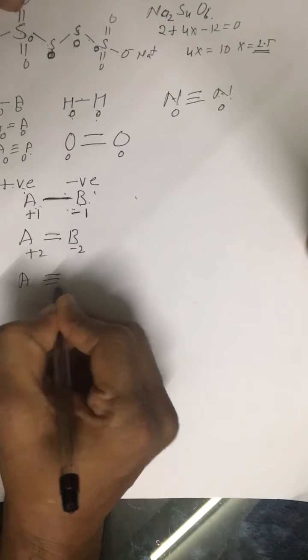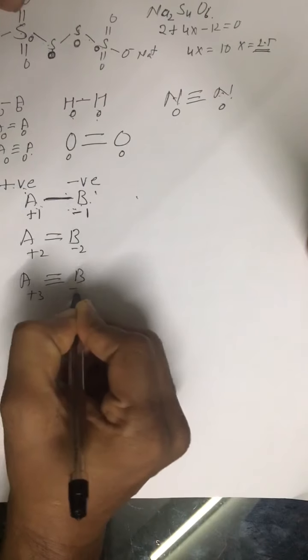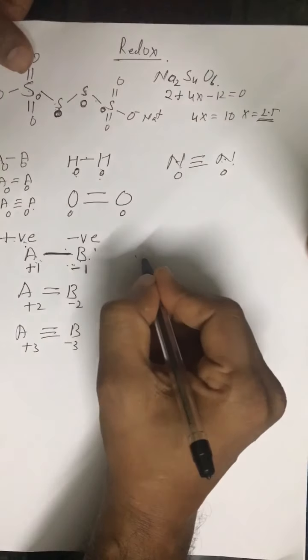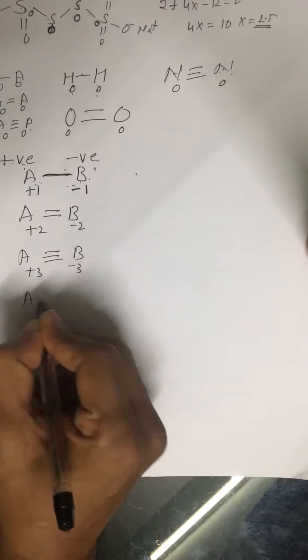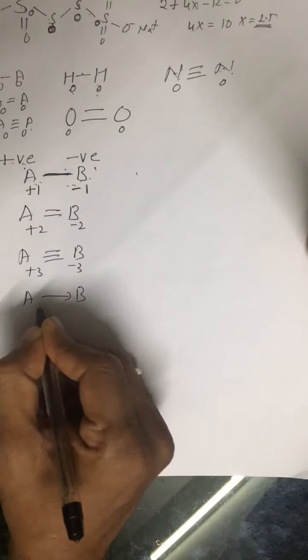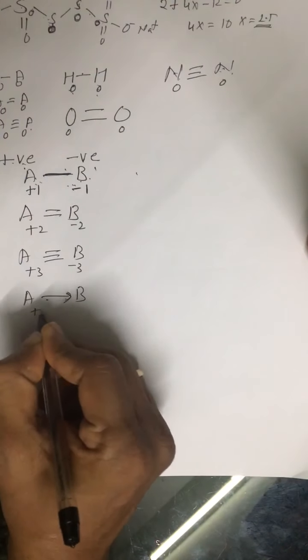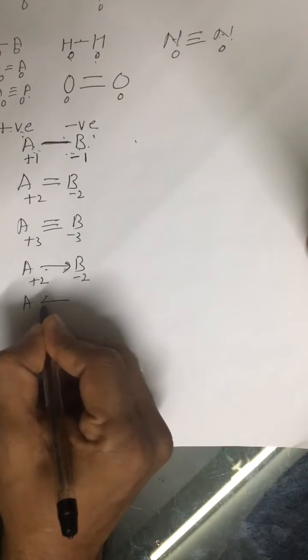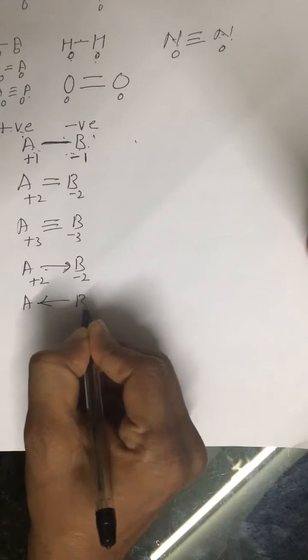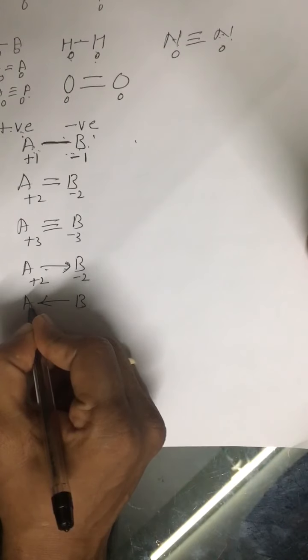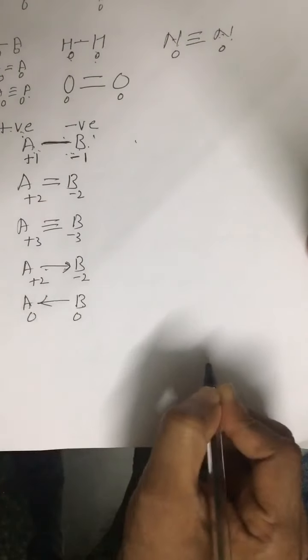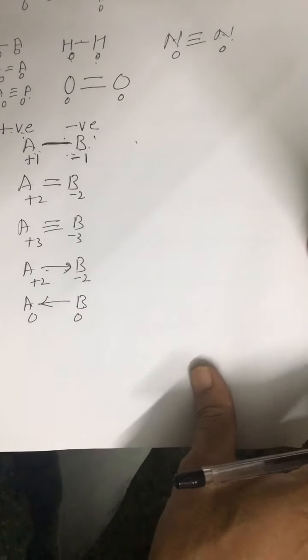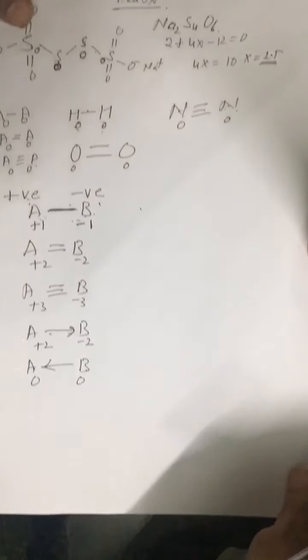If they are triply bonded, +3 and -3. If there is a coordinate bond between A and B, due to this coordinate bond, +2 and -2. And if the direction of the coordinate bond is from electronegative to electropositive, then they are awarded zero oxidation states. These are called basic rules.